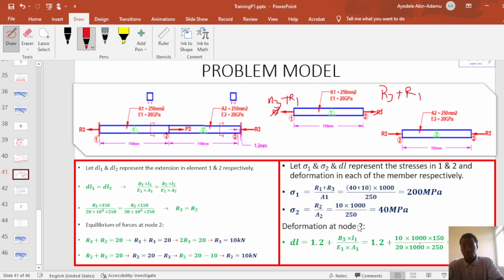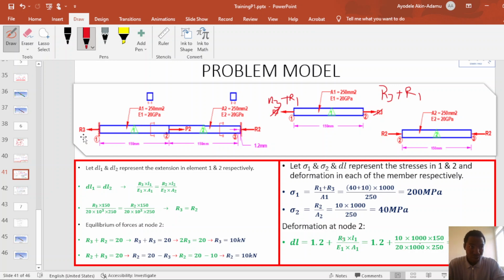So the deformation at node 2 is equal to 1.2 mm, which is the effect of the P1 load, and the second part is the effect of the P2 load, which is given by this formula. P equals R3. Why is P equals R3? Sorry, here is supposed to be P1.